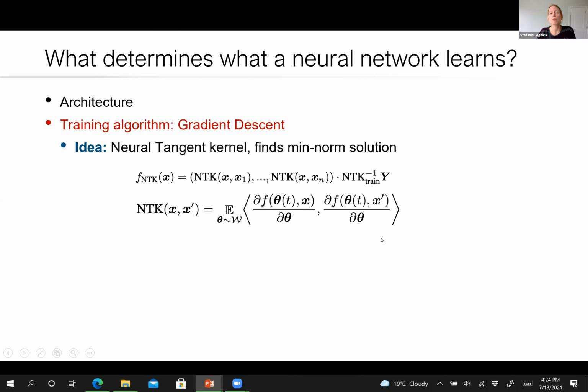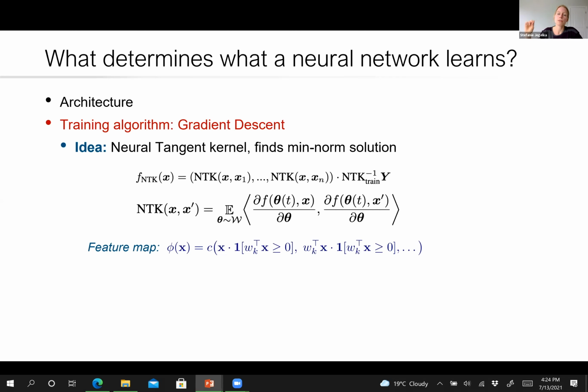And it finds the minimum norm solution in this function space. Then we look at what this minimum norm solution looks like. Each function in this function space can be looked at via a feature map. So what this neural network does is it takes the data and projects it into a high dimensional, infinite dimensional space and does a linear function in that space.